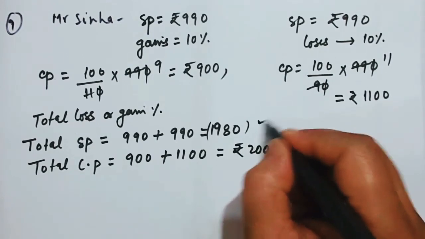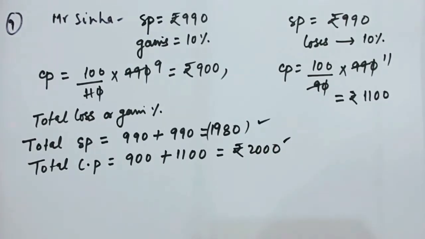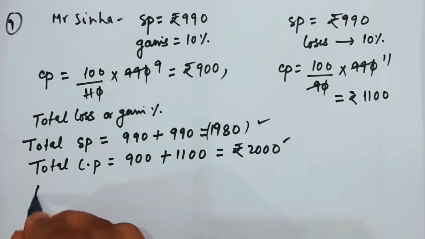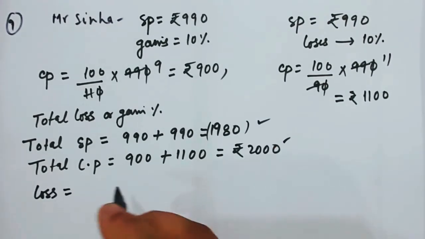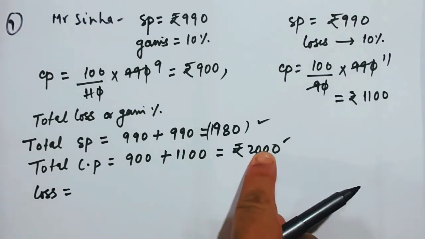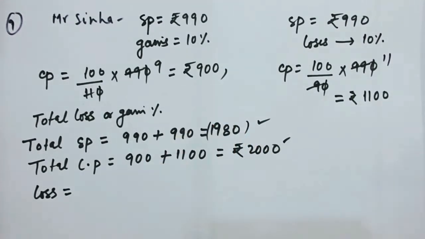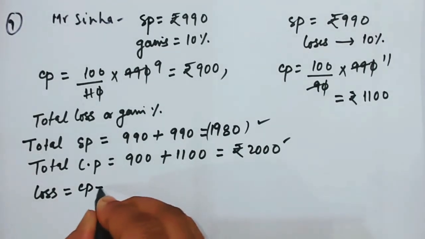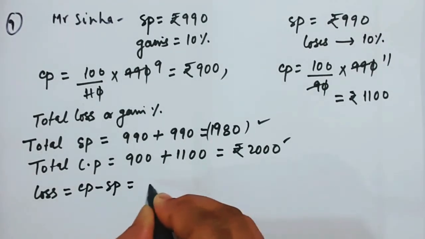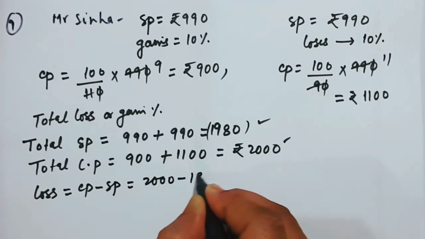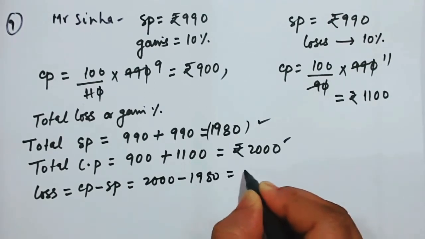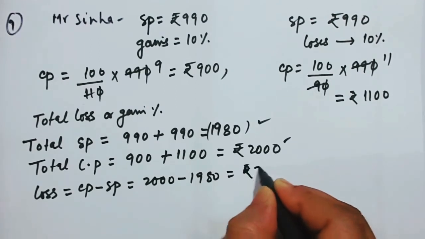Now you only judge whether there is gain or loss. So naturally there is loss, because I find that the cost price is more than the selling price, therefore there will be loss. Loss is equal to CP minus SP. That will give you how much? 2000 minus 1980 is equal to rupees 20.